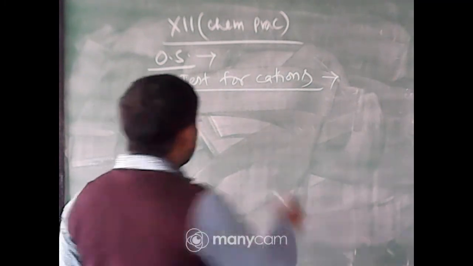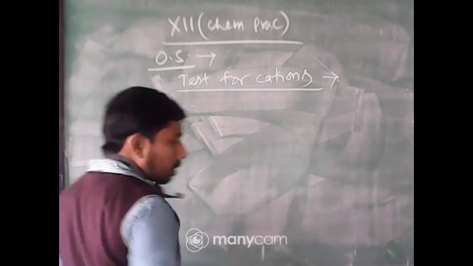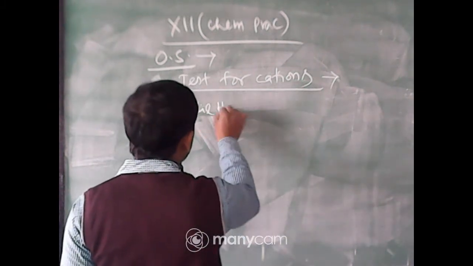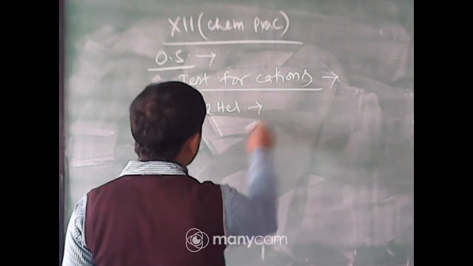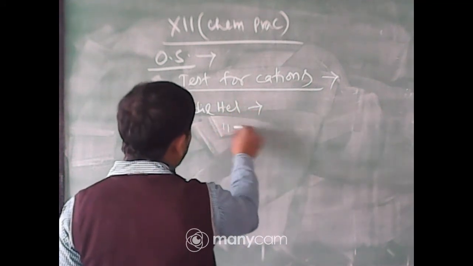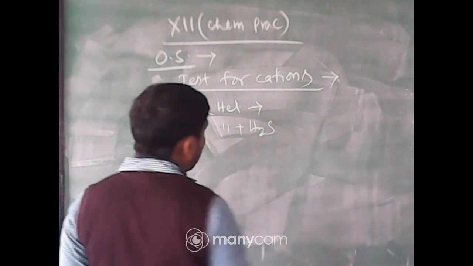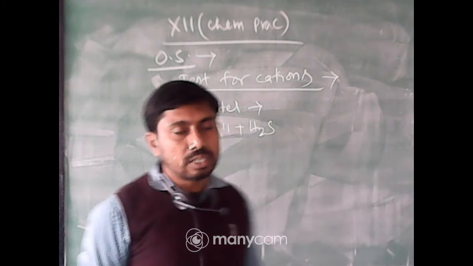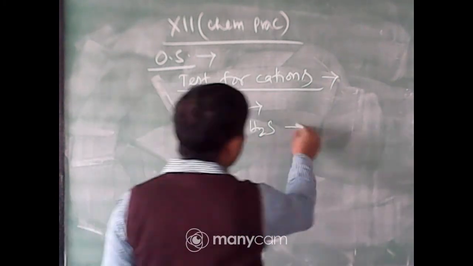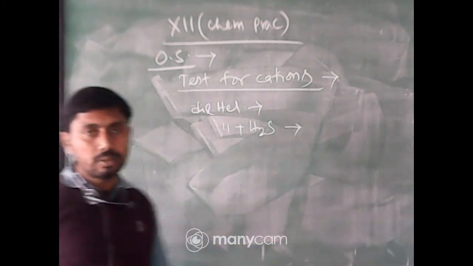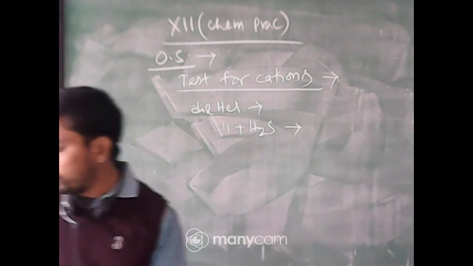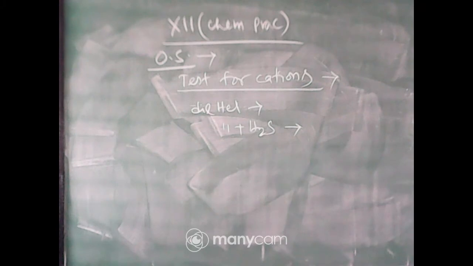Now, first test for cation, that is we will use the group separation. Dilute HCl, the group 1. Then in presence of dilute HCl, that is H2S. But H2S in the second group, what is present? In the second group, what are the cations present? Tell me what are the cations present in the second group? Group 2.